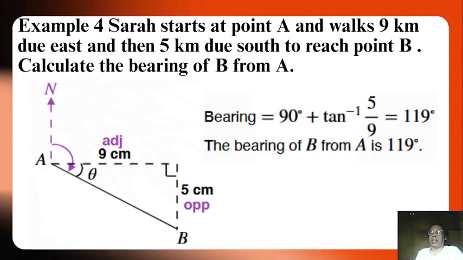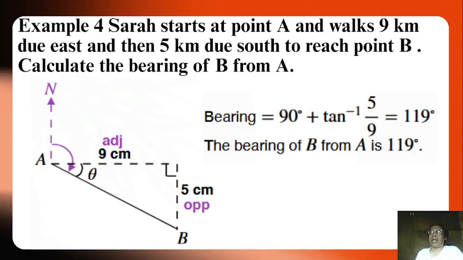So to do that, we know that the north up to the adjacent line is 9 centimeters. And then for the angle theta, since 5 centimeters is given, which is the opposite, and 9 centimeters is given, which is the adjacent, opposite over adjacent is tangent. So we are going to use the tangent ratio. Tangent theta is equal to 5 over 9.